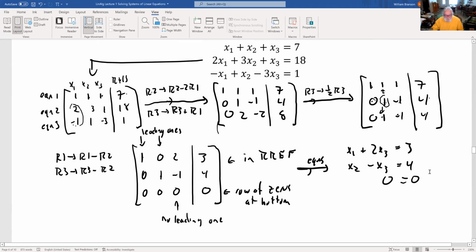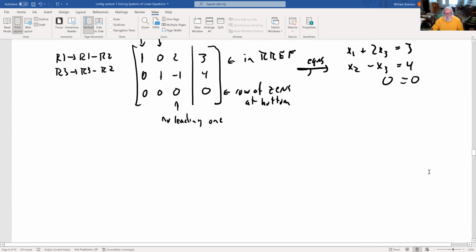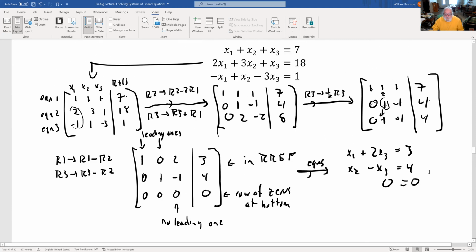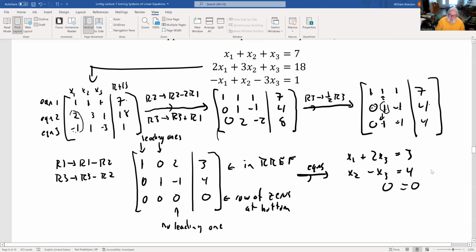I do want to address, though, real quickly, what happens if this was a 2 instead? How would that change everything? Well, if this was a 2, then this would have been a 2 here, right?